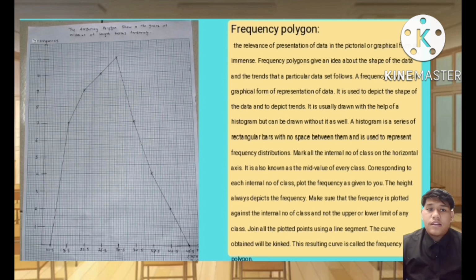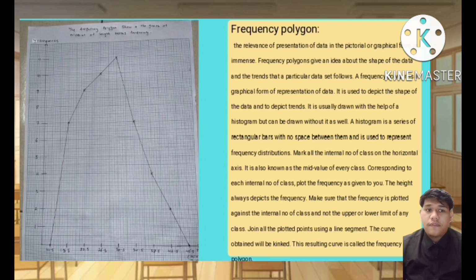Mark all the class marks of the classes on the horizontal axis. It is also known as the mid value of every class. Corresponding to each class mark, plot the frequency as given to you. The height always depicts the frequency.